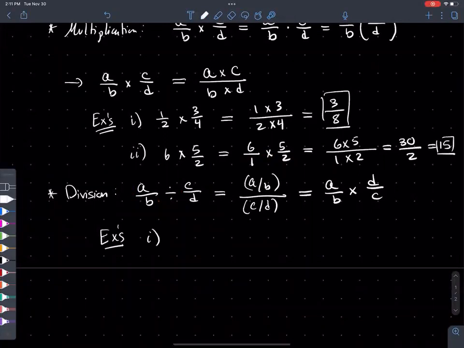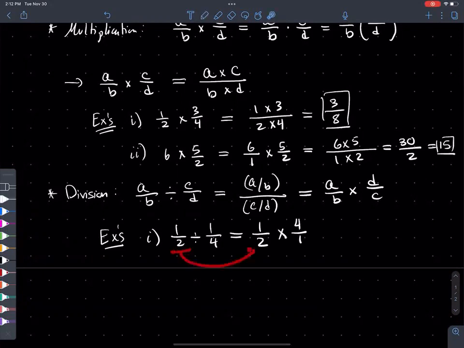Let's do example 1. For this one, let's do 1 over 2 divided by 1 over 4. Notice in this case we're dividing the fraction 1 over 2 by 1 over 4, but we're also finding how many times 1 over 4 fits into 1 over 2. According to our rule, we rewrite the first one, replace division by multiplication, and the second one we flip.